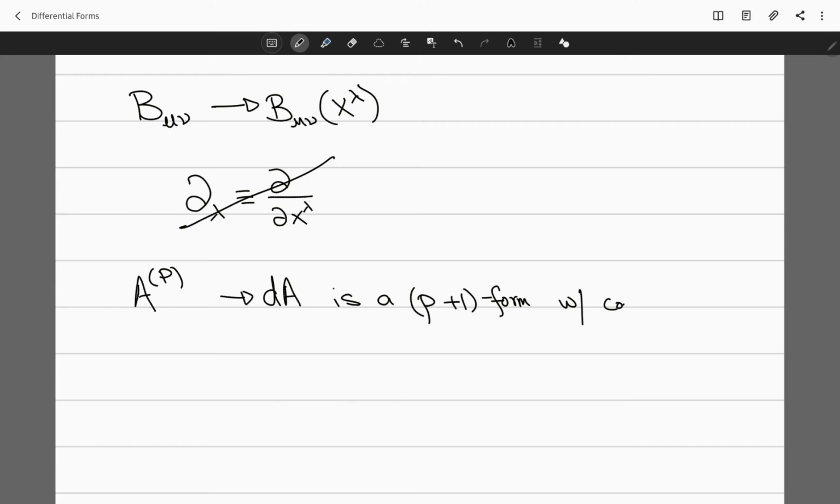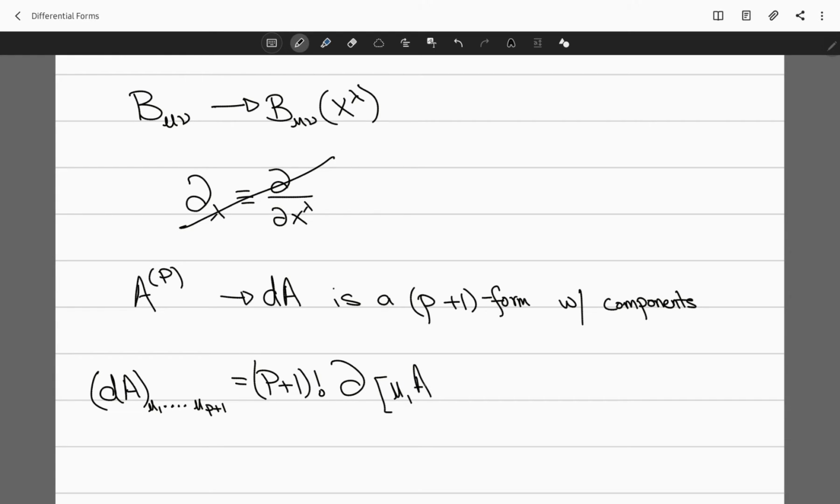So with components, that would be dA mu 1 up to mu p plus 1 is equal to p plus 1 factorial partial mu 1 A mu 2 and up to mu p plus 1, right?